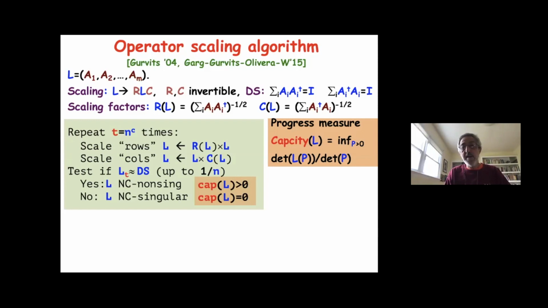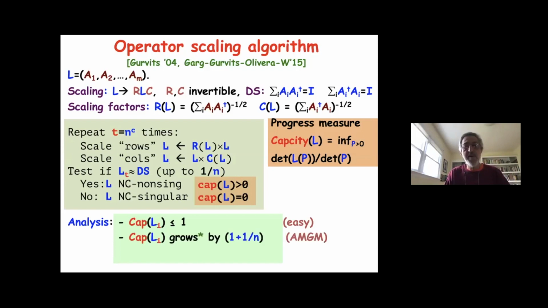So that works. And the analysis also is happy with this choice of capacity. All capacities are bounded by 1. As before, capacity grows non-trivially when it has room by the same AM-GM argument. And you just need an exponential lower bound on the capacity in the beginning.